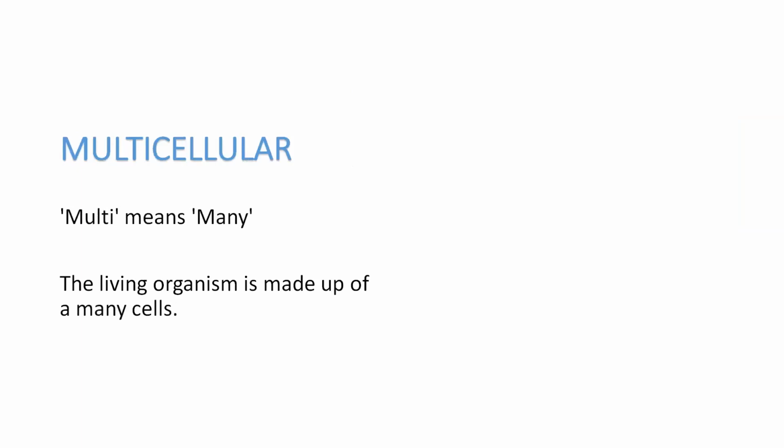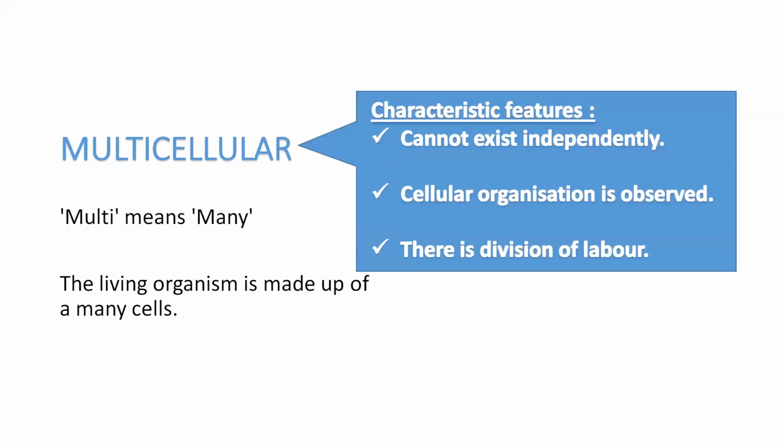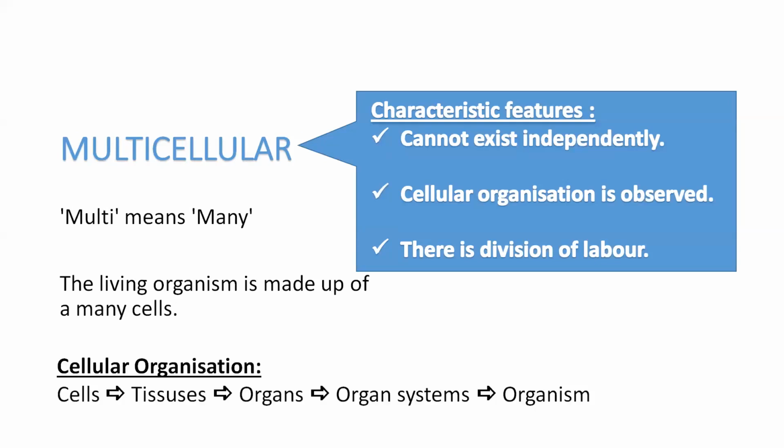Whereas multicellular organisms have many cells, there is a division of labor, and they cannot exist independently. A cellular organization is observed. A group of cells will form tissues, together they form organs, and groups of organs with coordinated activities we call organ systems, and these organ systems all together we call an organism.